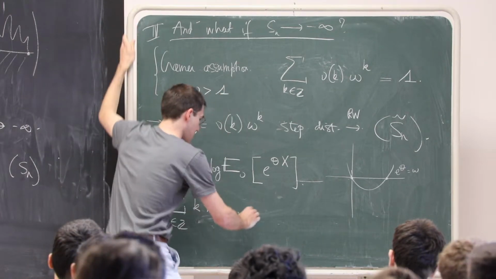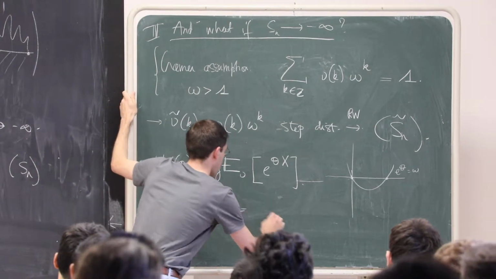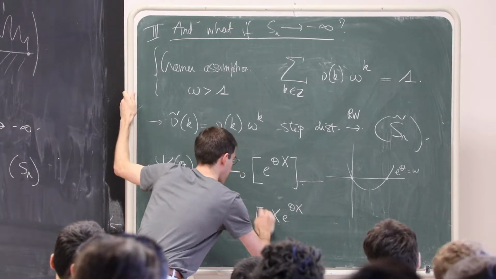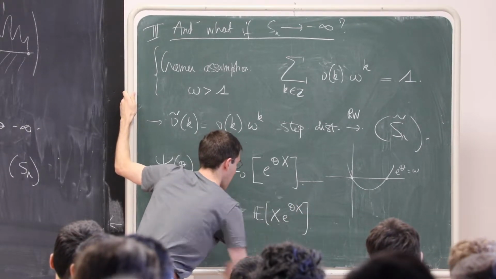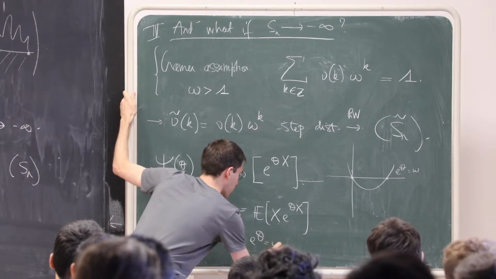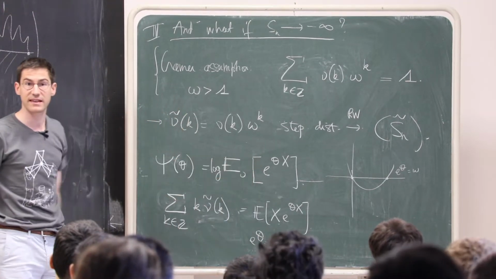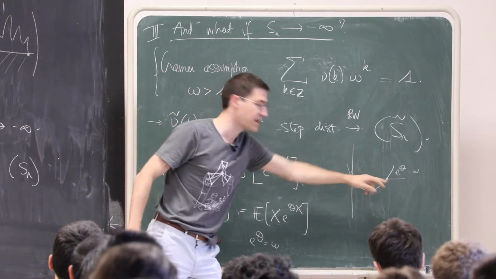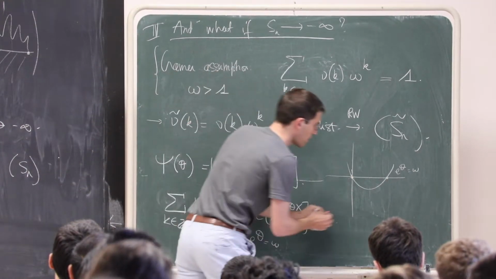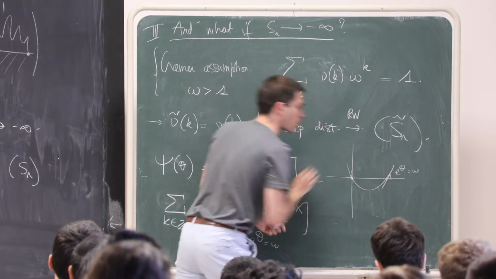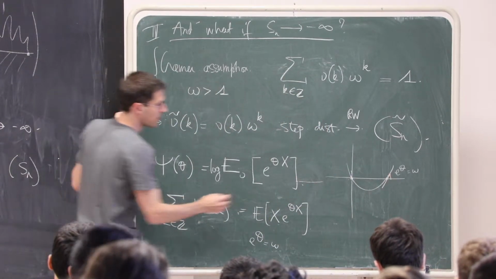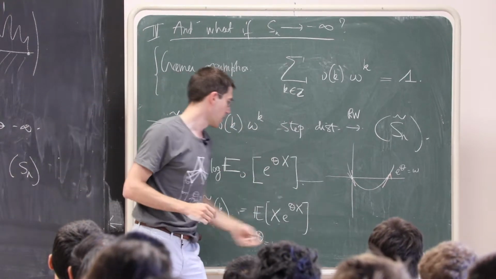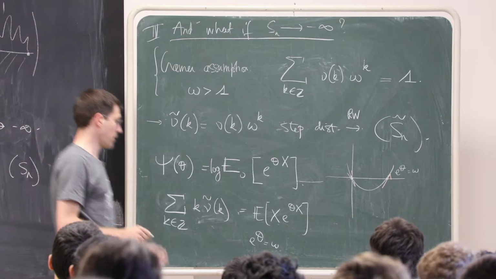And this is x e to the theta x at e to the theta equal to omega. So that's the derivative of that function at the point here. And you see that the derivative of your function here will be strictly positive. Here it is negative.